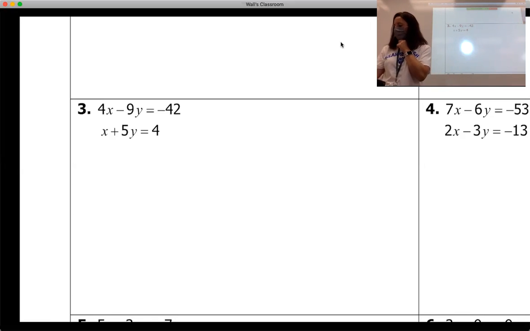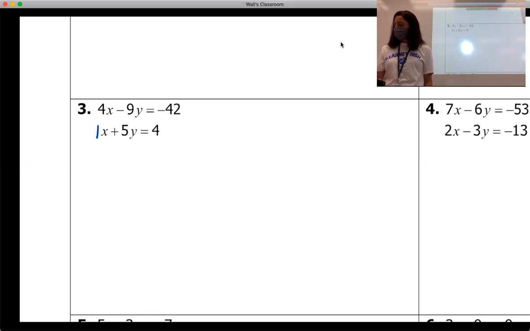So the easiest thing to do here would be to multiply that bottom equation by a specially chosen number so that it's going to have a coefficient that matches the top equation, okay? So since we have a 1 and a 5, we can easily make that coefficient of x a 4 by multiplying by 4.